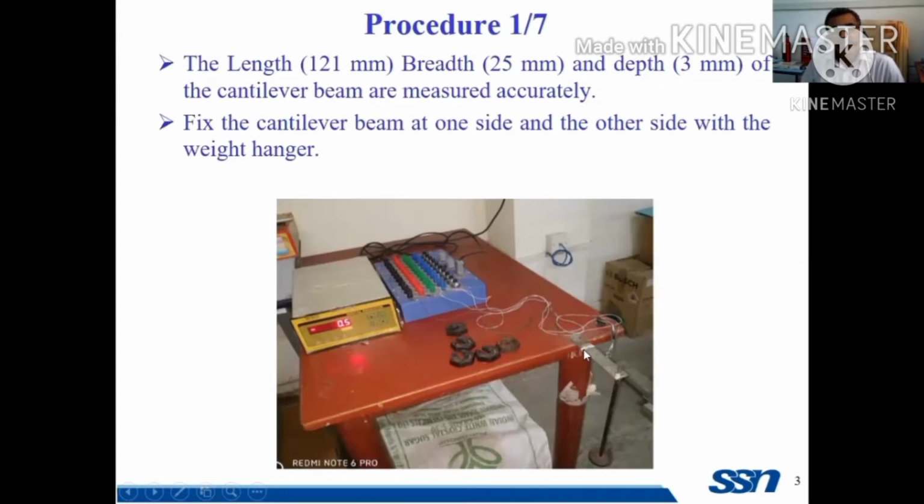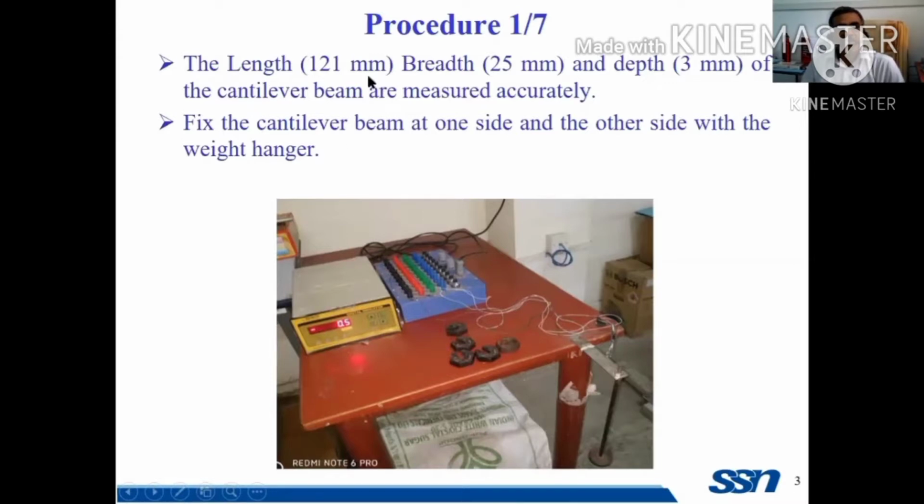The strain gauges fixed over the surface will also be subjected to strain, and there will be a change in resistance. By measuring the resistance, you can find the strain. The strain and the change in resistance are proportional. Using that technique in the Wheatstone bridge, the strain in the cantilever beam is measured.